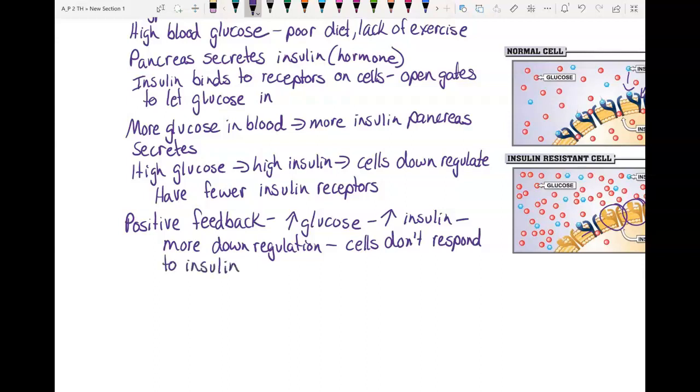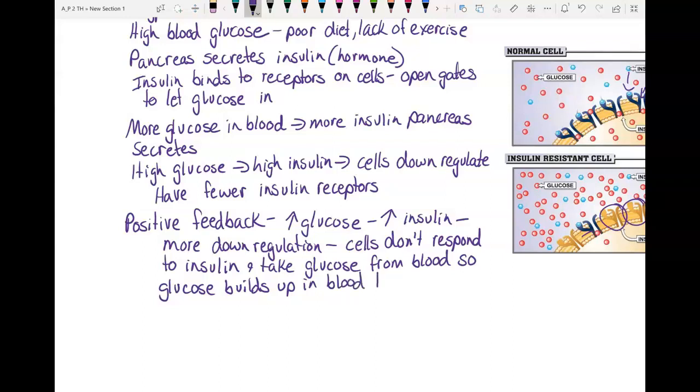So this is that whole insulin insensitivity. And then this higher level of glucose means even more insulin, which then means more downregulation, and it just keeps going.